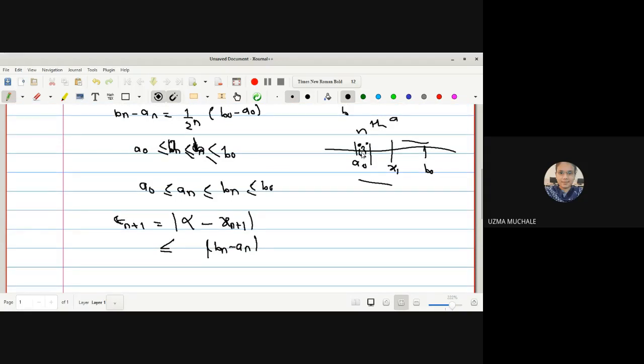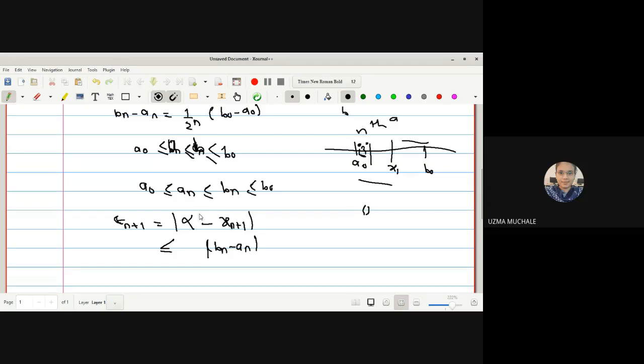Suppose this is the smallest interval which we have found after n iterations. Somewhere in between these two, the root will lie, and this is the exact number. So there will obviously be some difference between the exact root and the root which we have found after the n plus 1th step or nth step, which is less than or equal to bn minus an, because bn minus an is an interval in which the root lies.